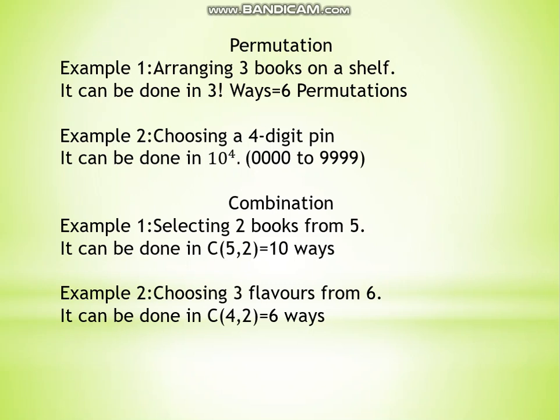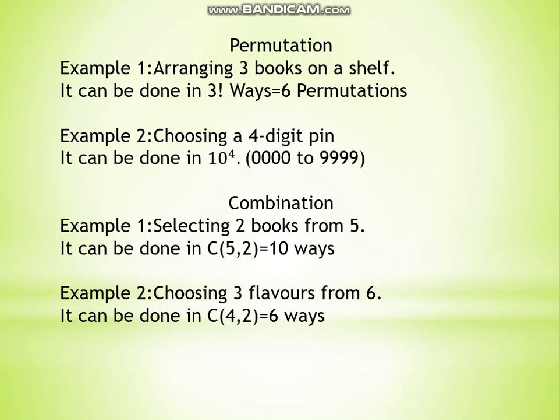So a 4-digit pin, from left or from right, the first position will have 10 choices, meaning out of the digits 0, 1, 2, 3 up to 9, these are the 10 digits. So for the first position we have 10 choices. For the second position, since repetition of digits is allowed, we also have 10 choices.